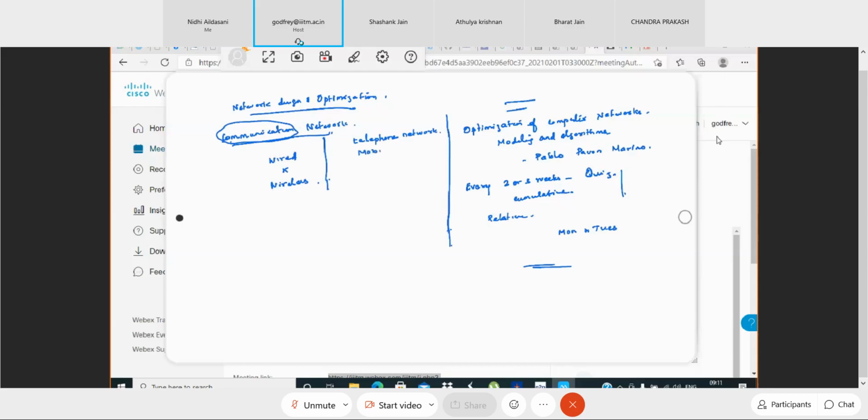I can say the mobile network. You have base stations, mobile switching centers, and the end devices. So the mobile network is also a communication network. At some level it also uses the PSTN network, right? Anything else?